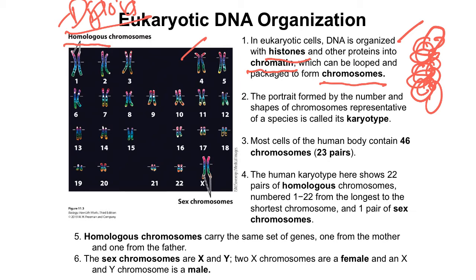In other words, the other way of defining diploid cells would be cells that have two sets of chromosomes. Okay, and so in this particular case, most cells of the human body contain 46 chromosomes or 23 pairs of homologous chromosomes.